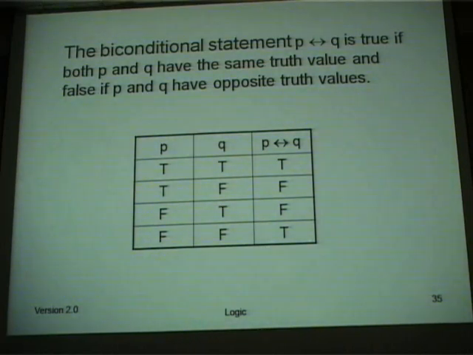It becomes true only when both components take the same truth value. Whether it is true or false doesn't matter. If both parts take the same truth value, true, true, here false, false, then this if and only if condition becomes true. Otherwise, if the components take different truth values, this if and only if condition is false. But keep that in mind.